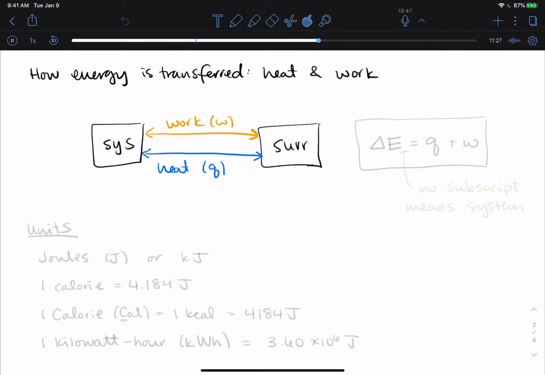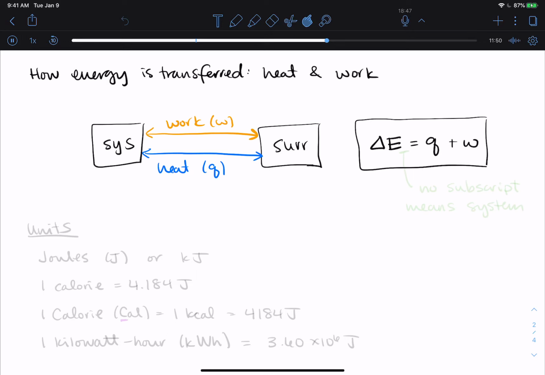So the work could be transferred in one direction, the heat in another. It all depends on the very specific system that you're looking at. But in every case, because of the first law of thermodynamics, the overall change in energy is going to be equal to heat plus work.